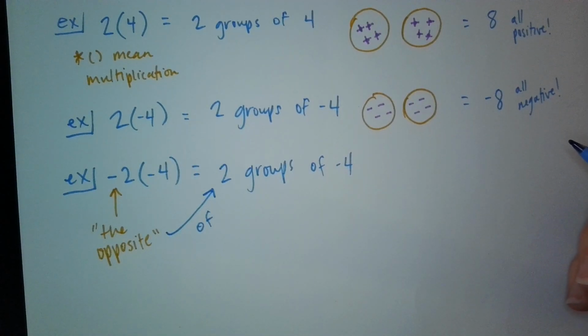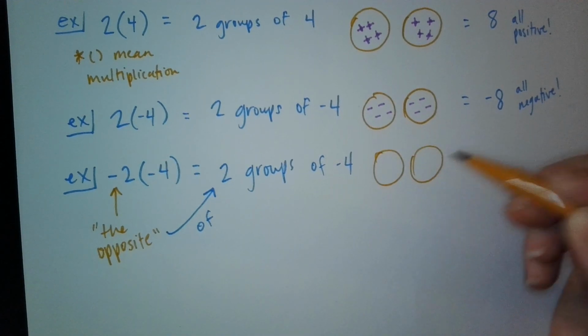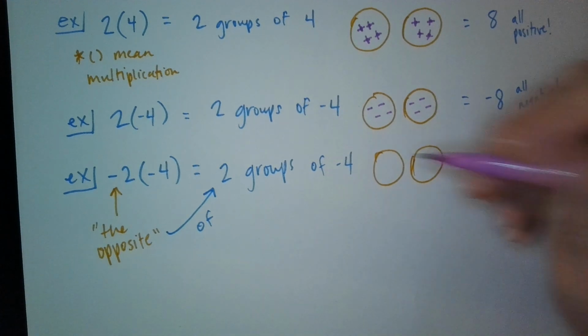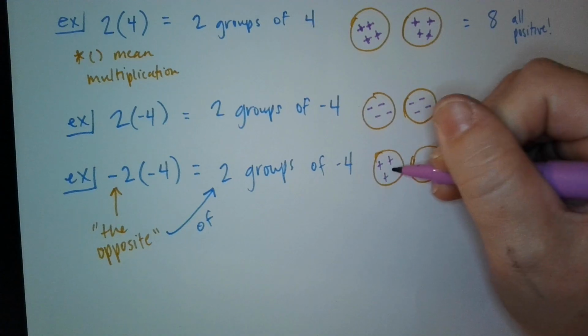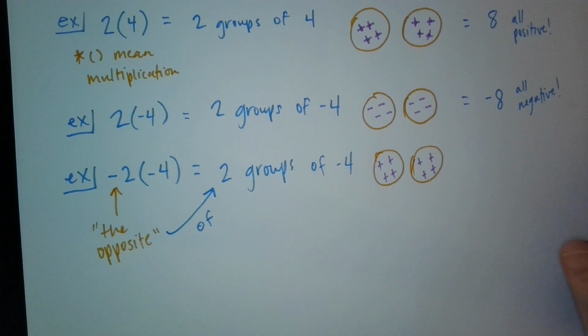The opposite of 2 groups of negative 4. Okay? So I have my two groups. But what's on the inside? What's the opposite of negative? Positive, yeah. So I actually am going to put positive 4 in each of these. Why am I not putting negative?